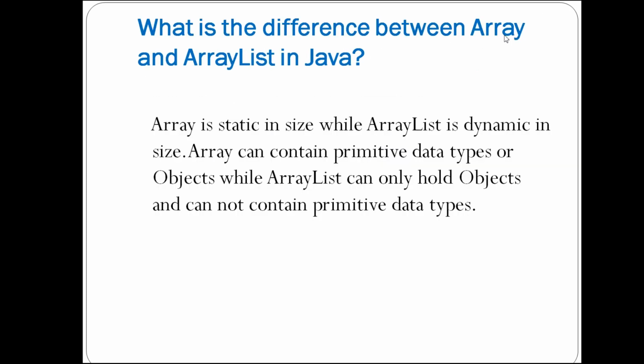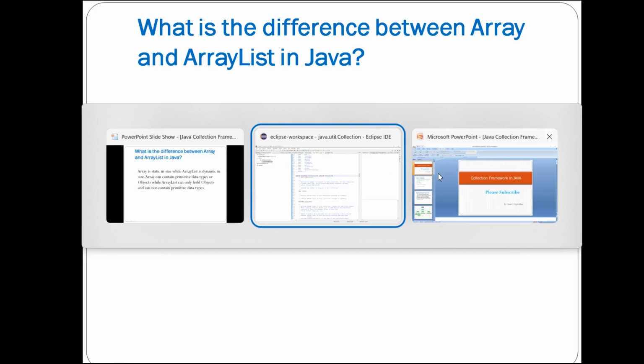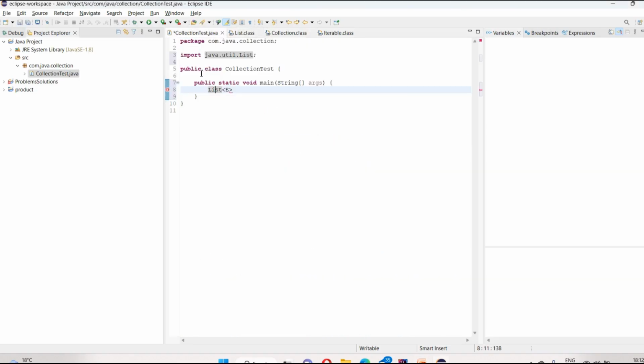So what is the difference between array and ArrayList in Java? We already have an array to store multiple objects. Array is static in size while ArrayList is dynamic in size. What does it mean?